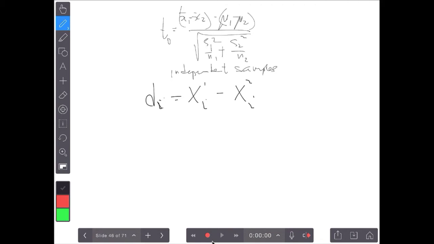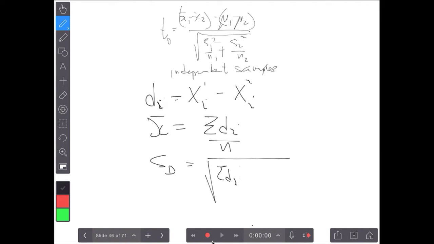And then we take the average of all of the sample differences: we sum the differences and divide by n, and we can calculate the standard deviation of all of the differences. It would be what I've already mentioned, okay? Which is the sum of di squared minus the sum of di all squared over n, divided by n minus 1.